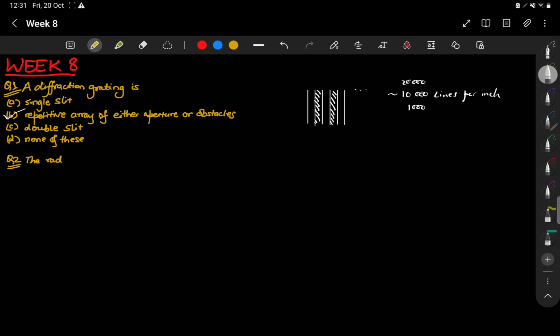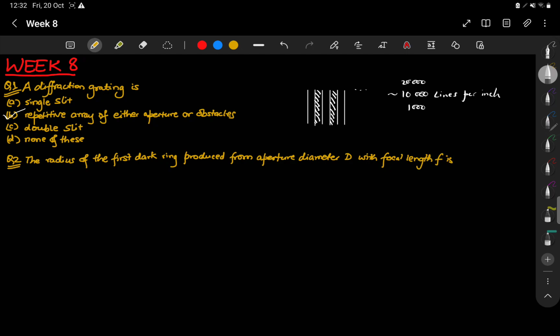The radius of the first dark ring produced from an aperture of diameter d with focal length f is what we need to select.